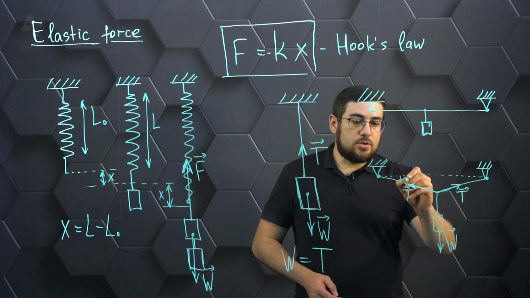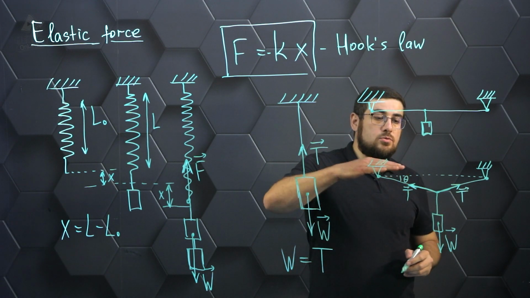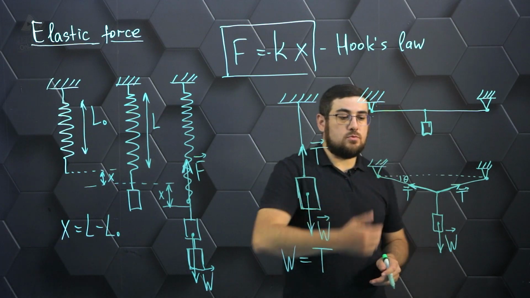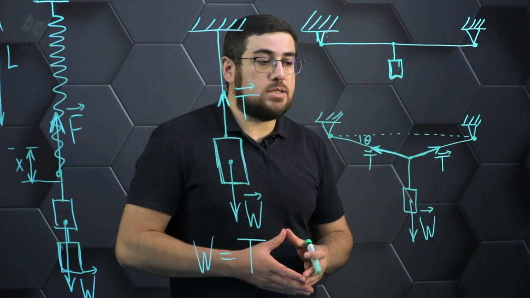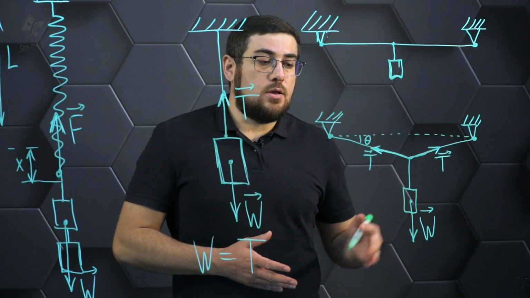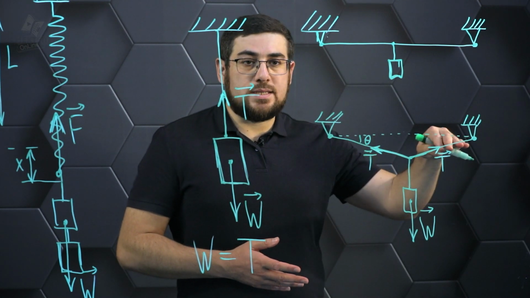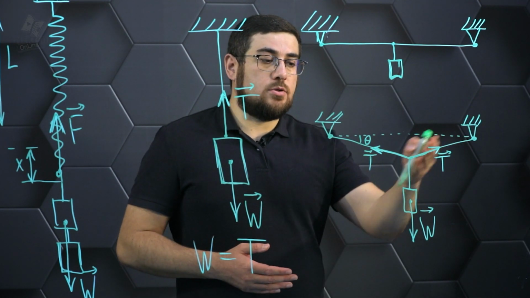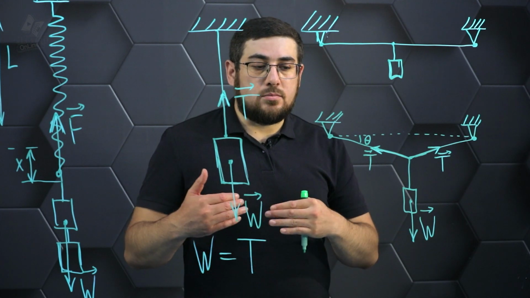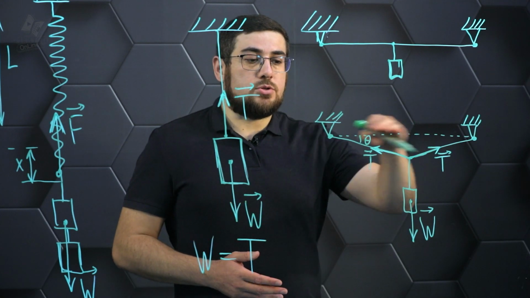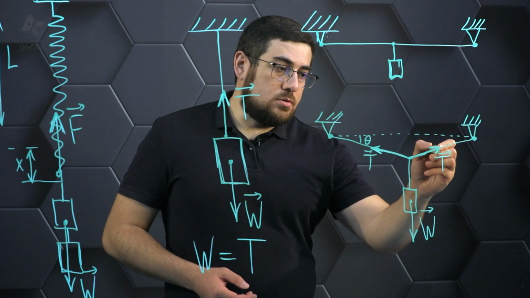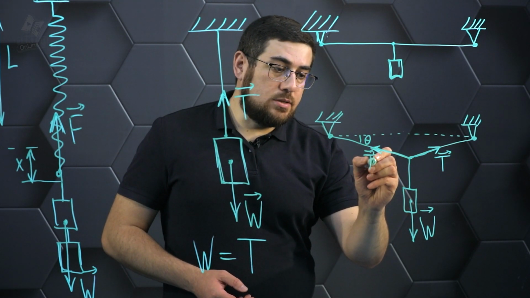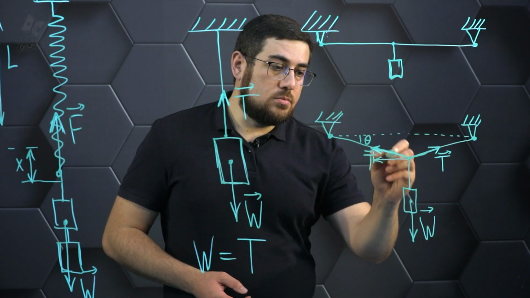In this case there is a certain angle of deviation of the rope from the initial position, denoted by the letter theta. And here we have a more complicated situation because we have to consider the balance of forces along the coordinate axis, because we see that there are certain angles that this tension force makes in relation to the standard axis. And we can look at, let's say, the components of the tension force on the two axes, which are exactly what will be responsible for the balance of this system.